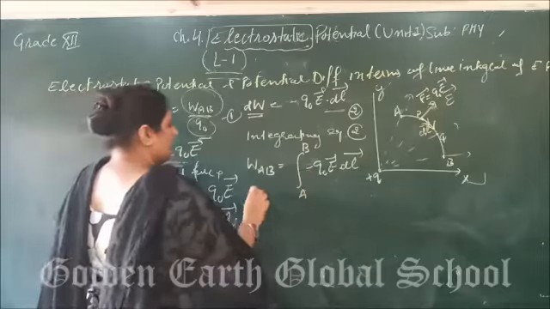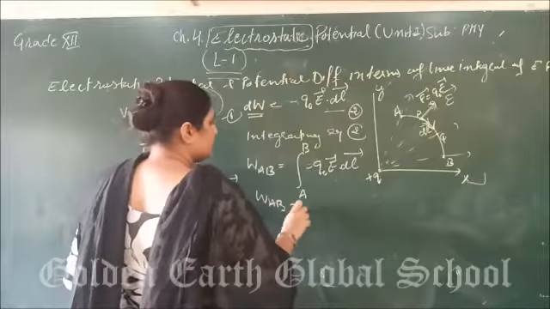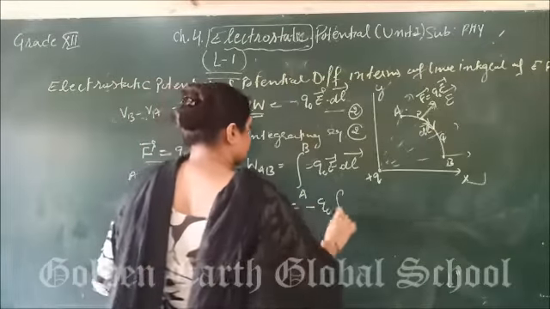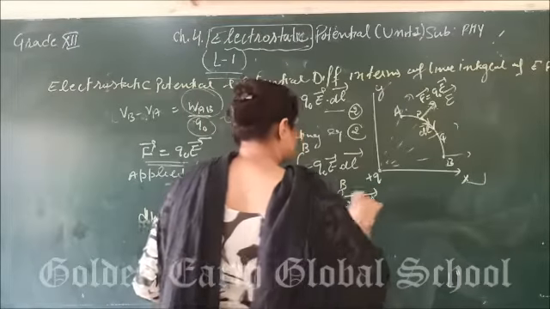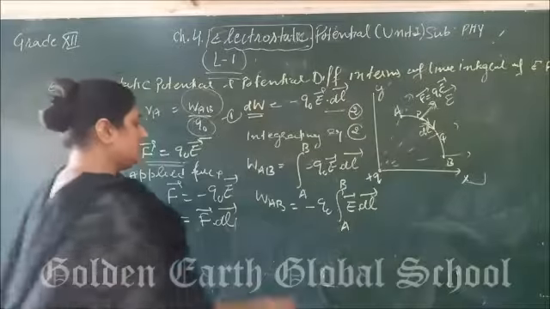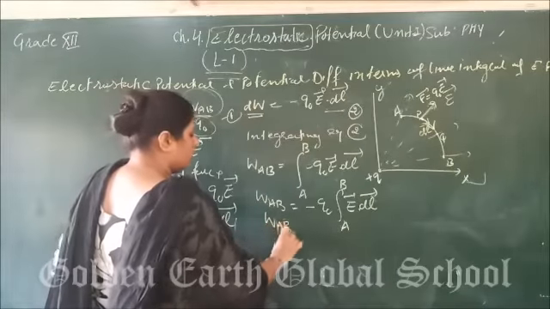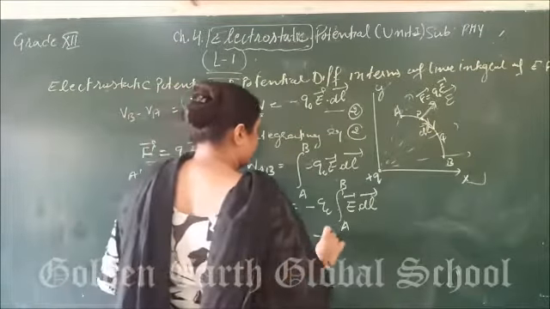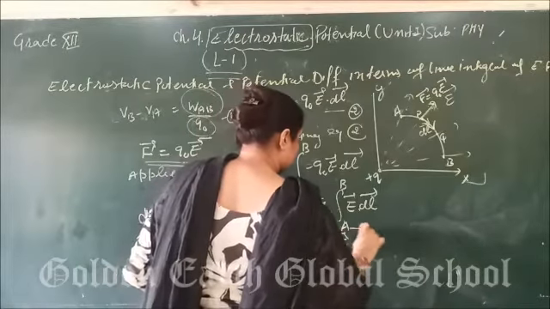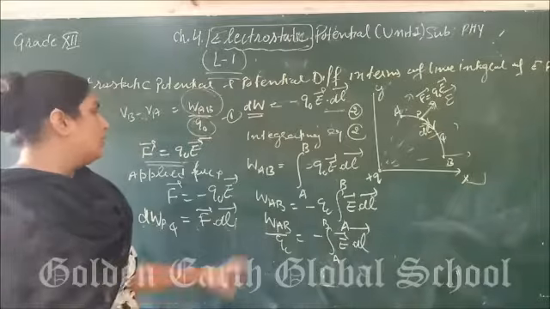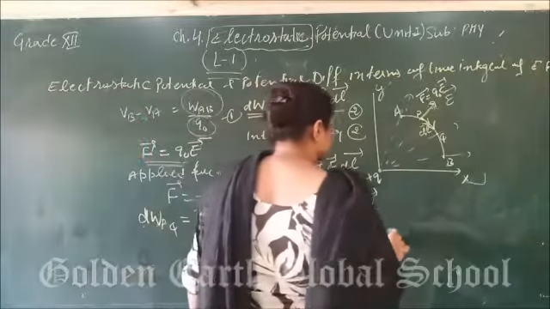From here, work done from A to B is equal to minus Q naught times the integration from A to B of E dot dl. So work done from A to B upon Q naught will be minus the integral from A to B of E dot dl. Name it equation number 3.